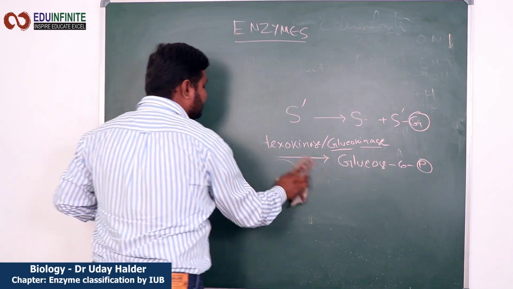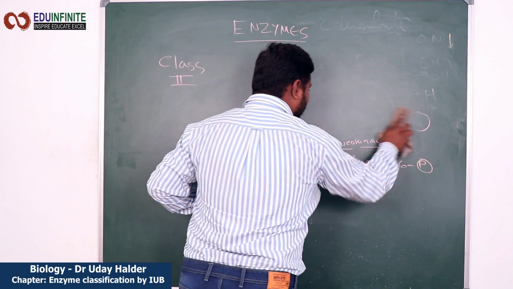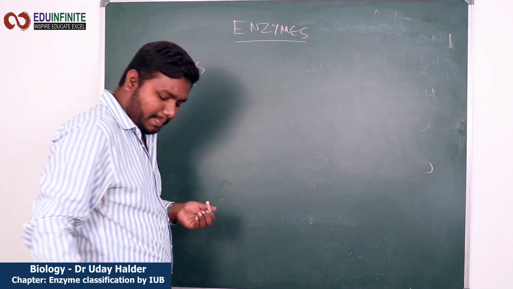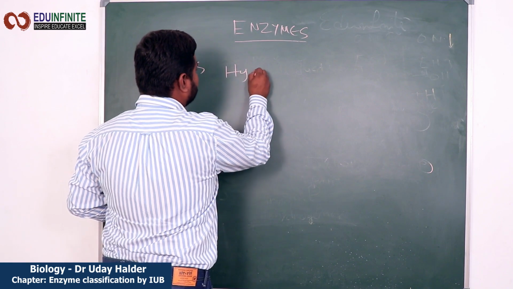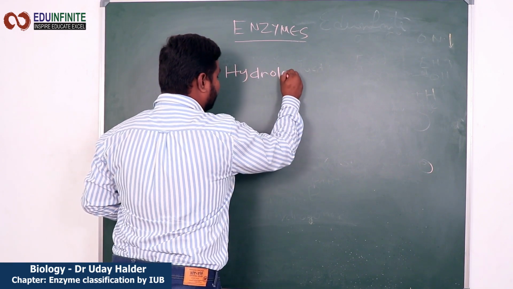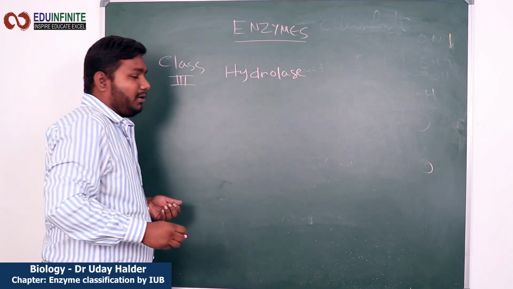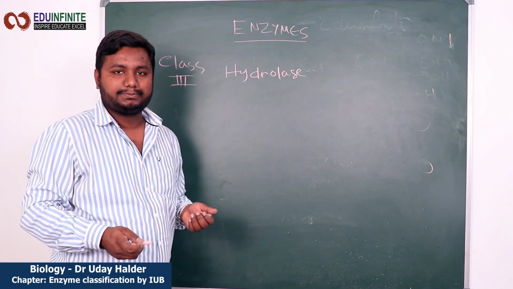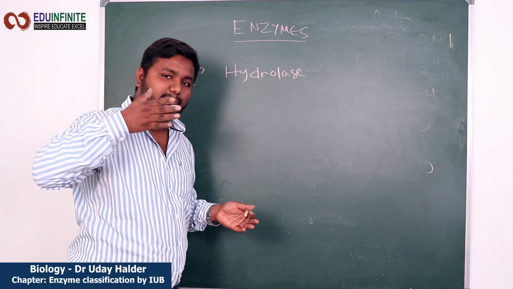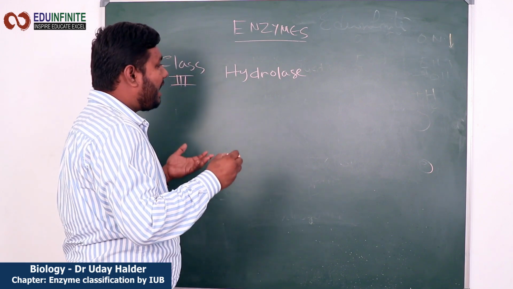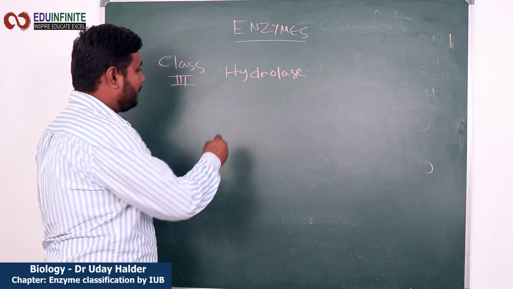The next class of enzymes are very easy. It's class 3, H for hydrolase. What does hydrolase do? Simple. They split a compound using water.